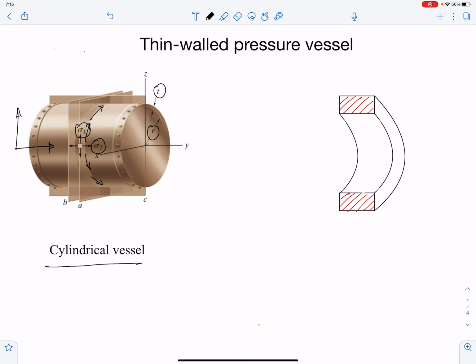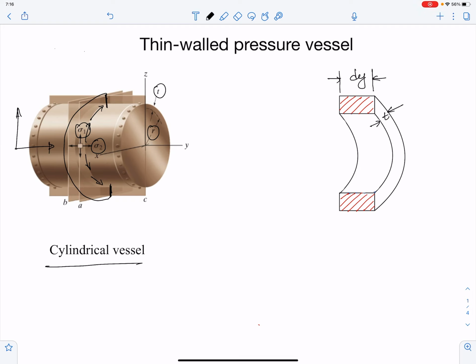If I take a cut right here and here, basically in this element, then on the right side I already drew this diagram. Let's consider the length of that strip is dy, and the thickness is already given, which is t.